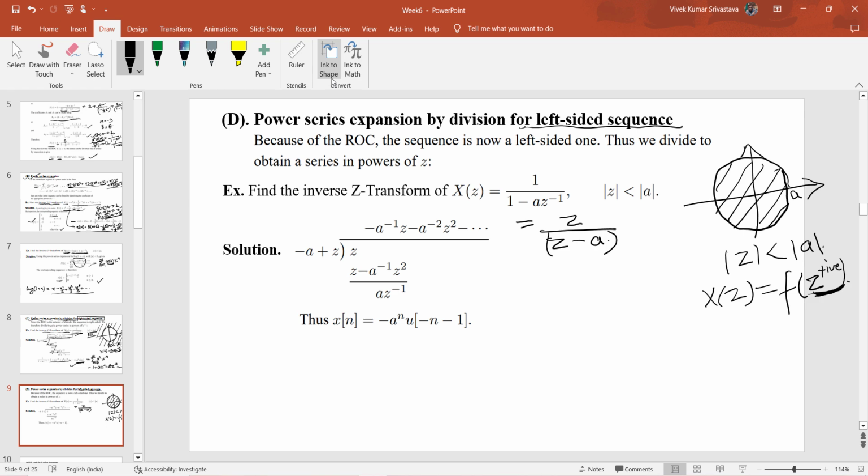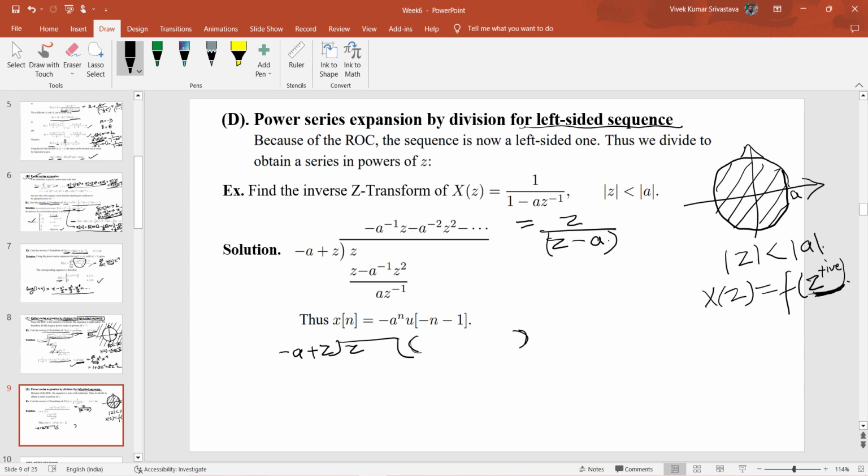Now we can easily divide this numerator by the denominator, so this will be z minus a. We can also write it as minus a plus z. If we want to make the remainder contain positive powers of z, we first have to make the first part, that is minus a, as 1.